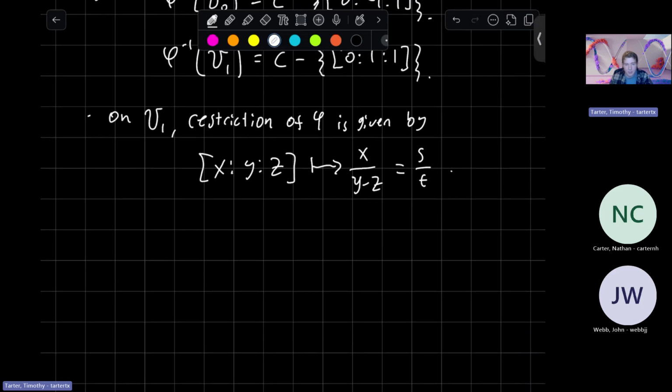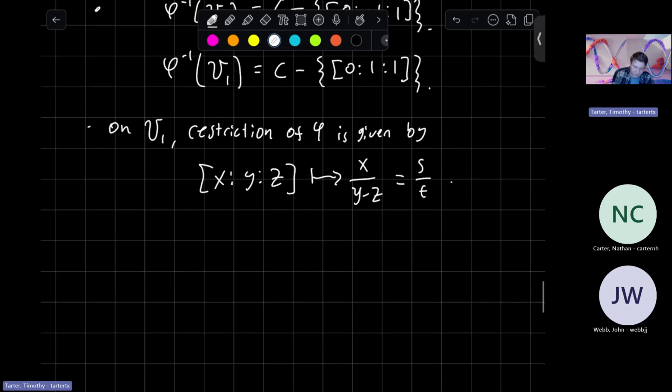And so then clearly this is regular on C minus 0, 1, 1, because that's where we would have a division by 0.